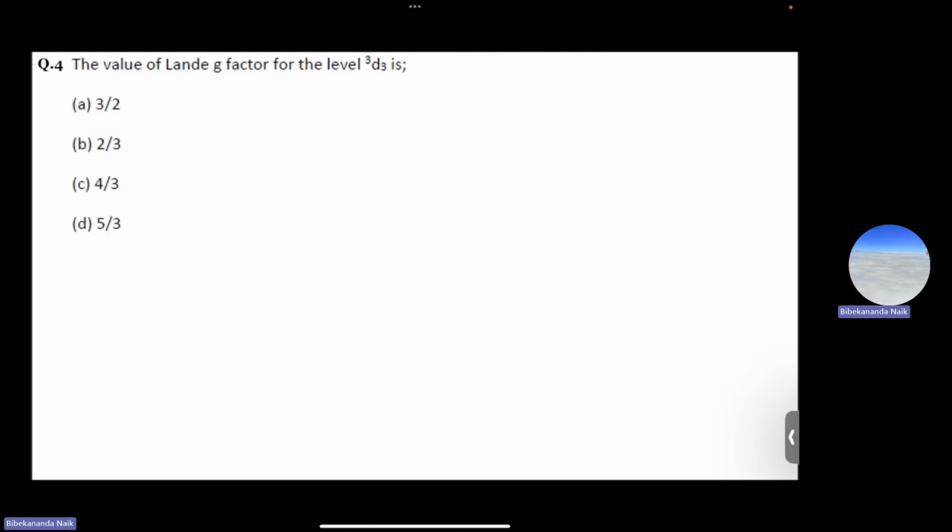Then question number 4. The value of Landé g factor for the level 3D3 is. Here 3D3 means the level is 3D3.